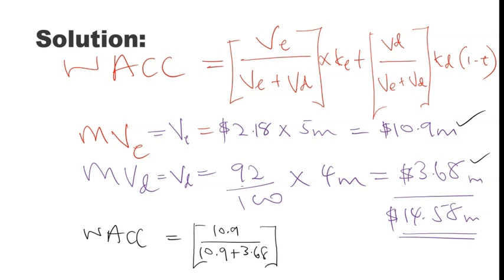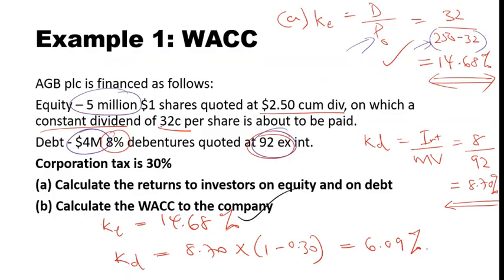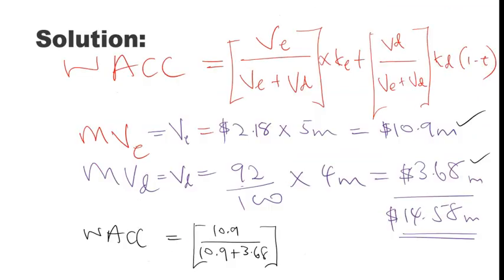And the cost of equity, we had determined the cost of equity as 14.68. So multiply by 14.68. You can just put these figures in decimals if you wish.